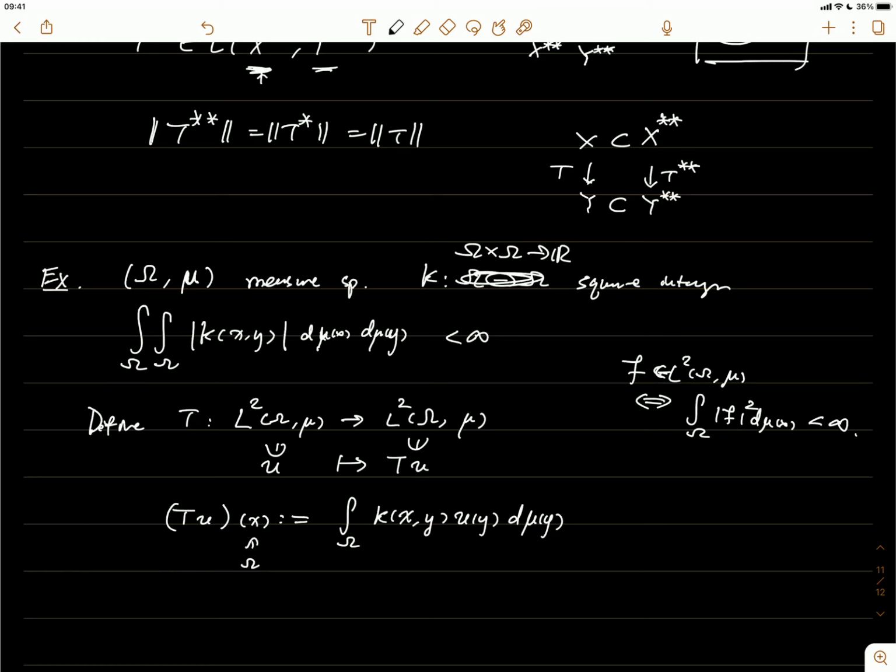So you take the integral over y, and then you have x left. For every fixed x, you can do this, for any u in L square Omega.